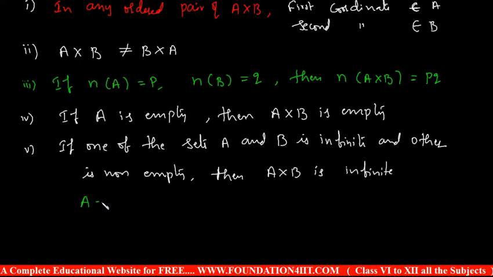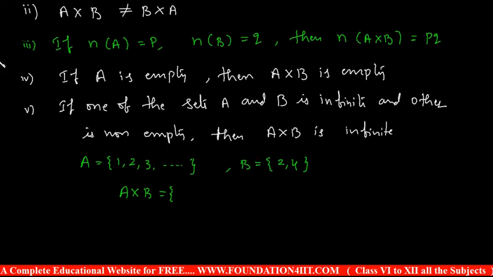For example, A has elements 1, 2, 3, and so on till infinity, and B has elements 2, 4. Now when you write A cross B, you take each and every element: (1, 2), (2, 2), (3, 2), and so on, infinitely many. Again (1, 4), (2, 4), (3, 4), so infinite.